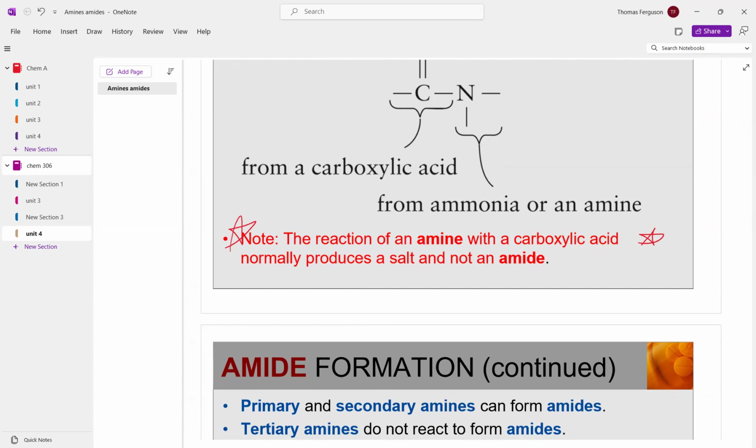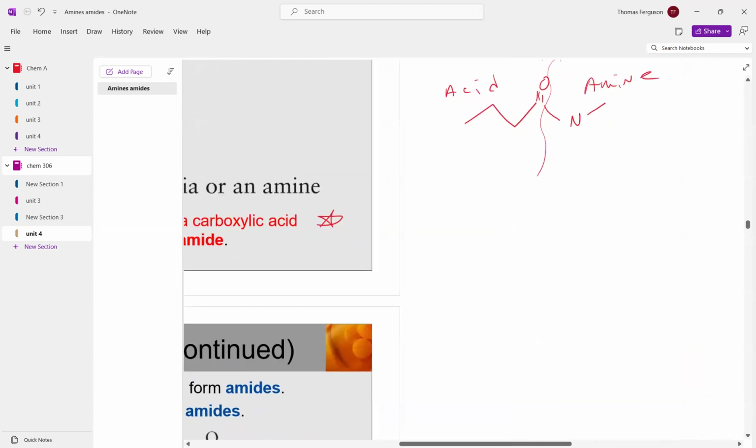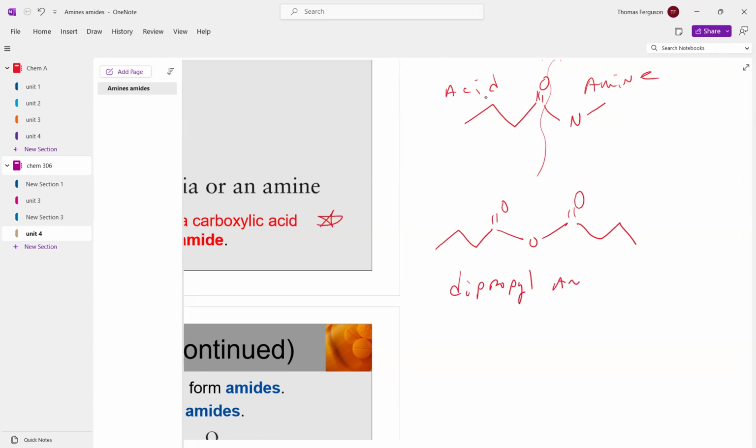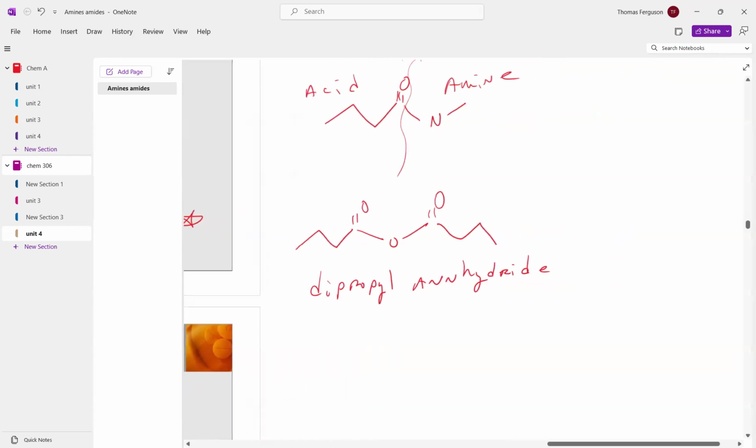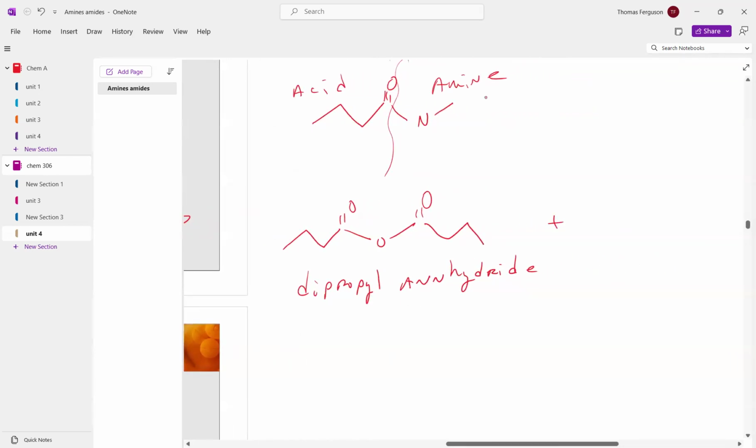Okay, so let's say, so this would be dipropyl anhydride plus, and this would be the acid part of the ester.